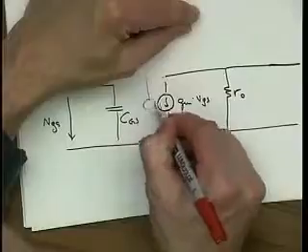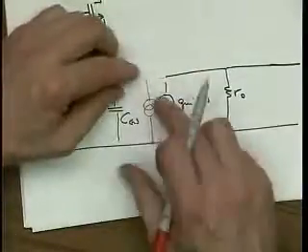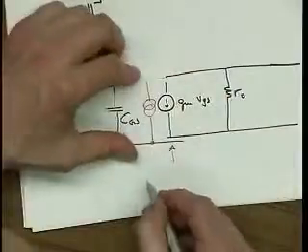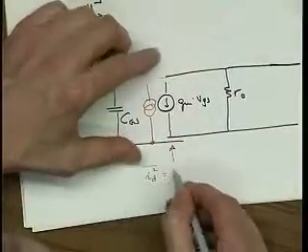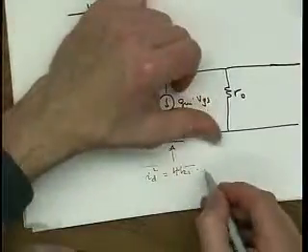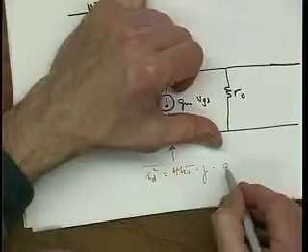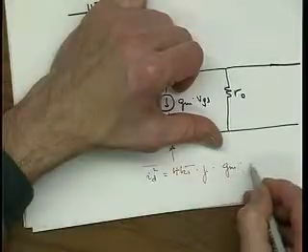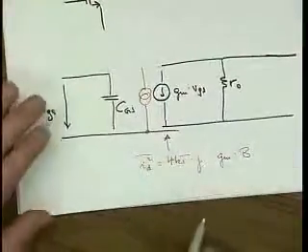So the model for the noise that's flowing in this channel is a current source in parallel, and the drain noise is 4kT times a factor gamma times gm times delta f, per bandwidth.